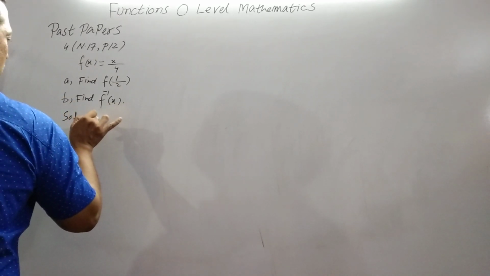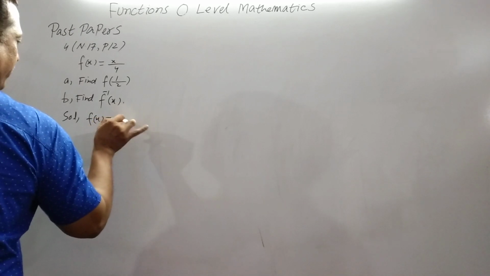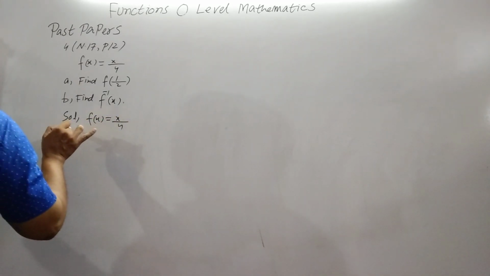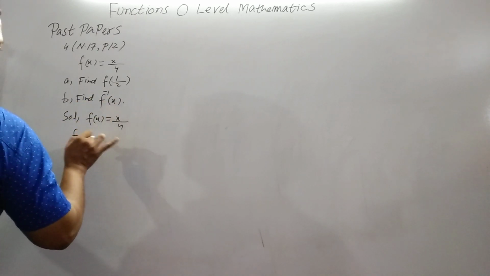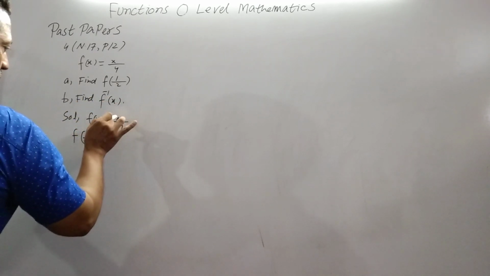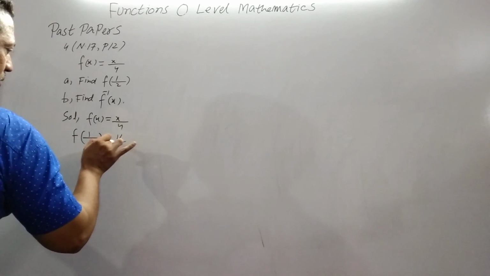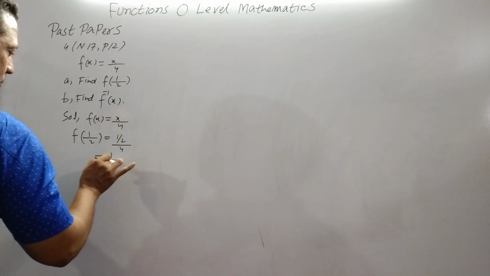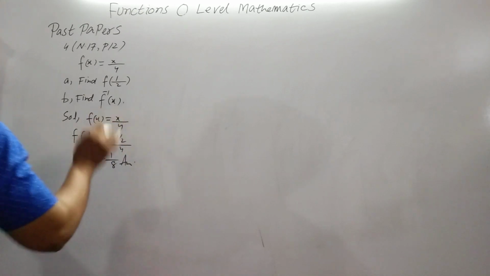Solution. f(x) = x/4. First we have to find f of 1/2. So replace x by 1/2 over 4. 2 fours are 8. 1/8 is the answer.